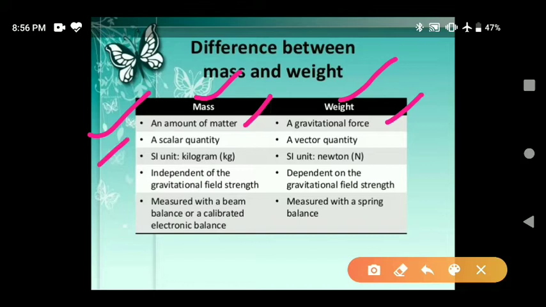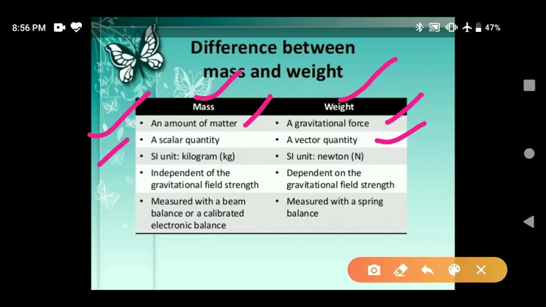Second, mass is a scalar quantity and weight is a vector quantity. About scalar and vector quantity we will see in the next class, but here you can understand that a scalar quantity is only about magnitude, and a vector quantity is about magnitude as well as direction.